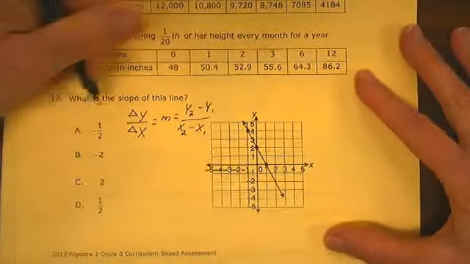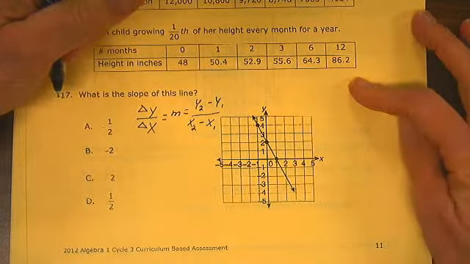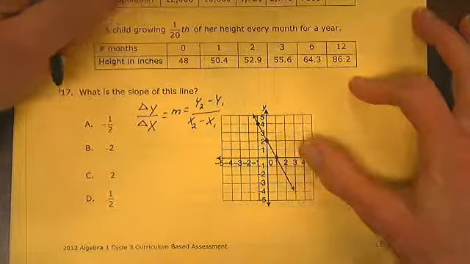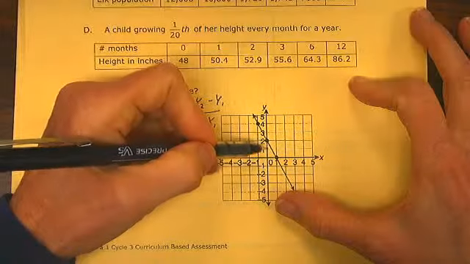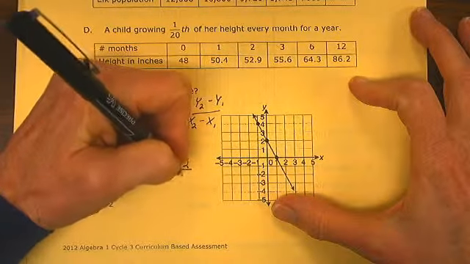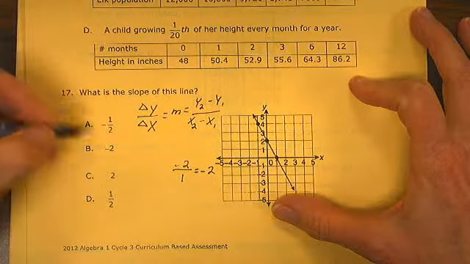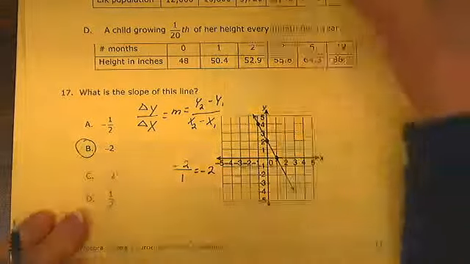If anybody in my class misses this problem on the final, I'm going to be so unhappy. Down 2 over 1, negative 2 over 1. We simplify that to negative 2. Where is that answer? There it is.